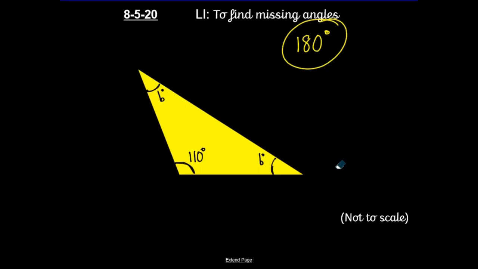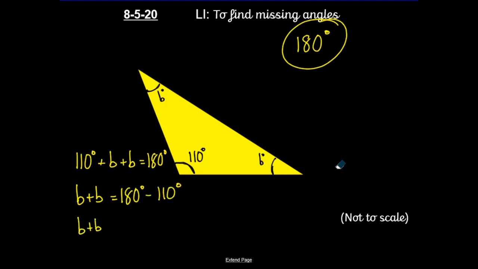So to do that one, because of the total sum of the triangle, I'm going to write 110 degrees plus B, or plus 2B, if you wanted to do it that way, is equal to 180 degrees. So B plus B is equal to 180 degrees minus 110 degrees.